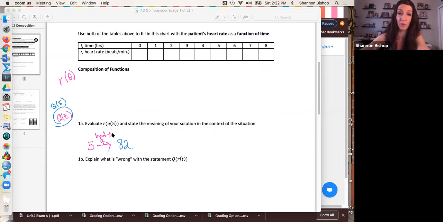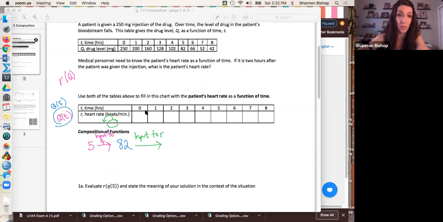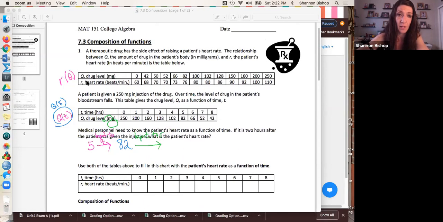If you look at the notation again, Q of 5 is 82, fine, but then that has to get plugged in to the function named R. Now that we know 82 is the output for Q, that has to get plugged in to the function named R. So notationally speaking, which function is named R? This guy right here, the R of Q.